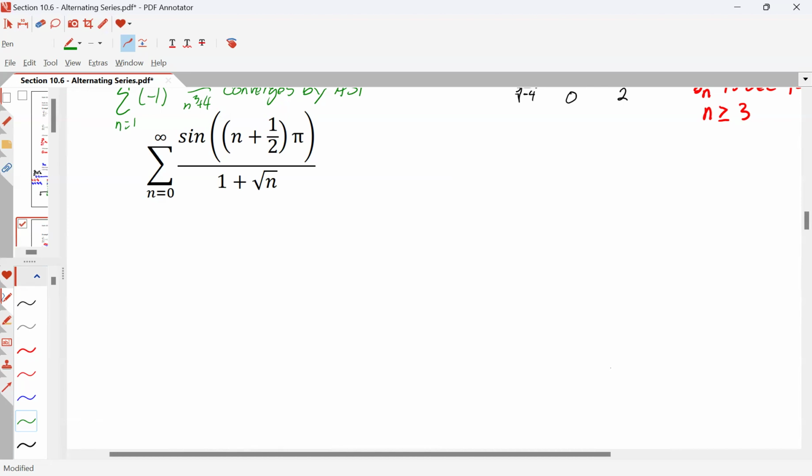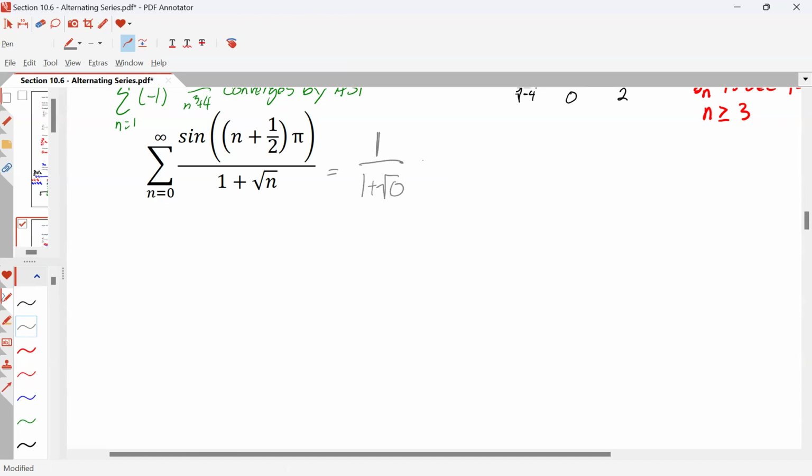So that might be what's making this an alternating series. So writing out a few terms. If n is 0, we get 1/2 pi inside of sine. So sine of pi over 2 is 1 over 1 plus the square root of 0.